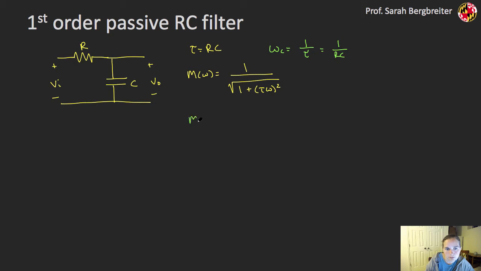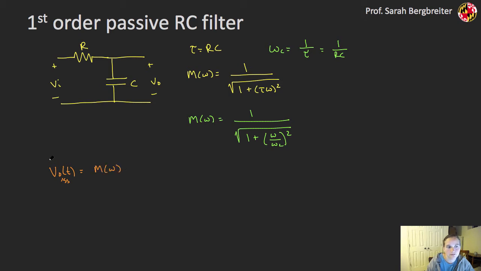So I'm going to rewrite this magnitude ratio as 1 over the square root of 1 plus (omega over omega c) squared. To remember what this means in terms of my dynamic signal at my input, what this is telling me is that my V out over time, at least in the steady state, is going to be that magnitude ratio.